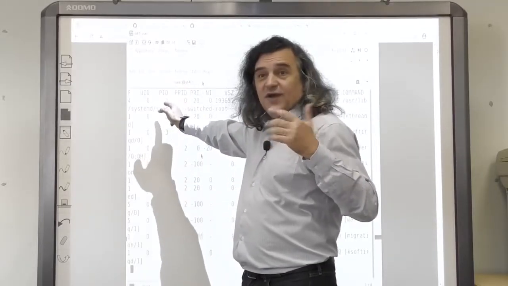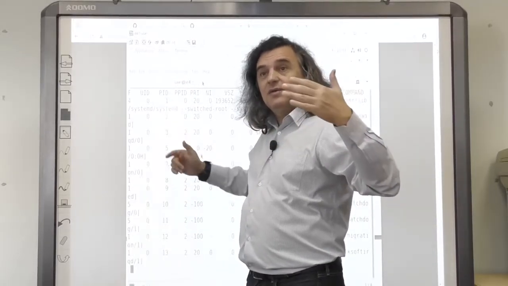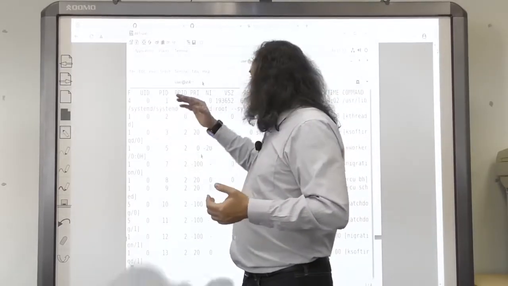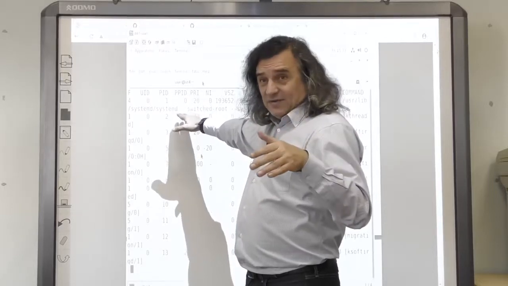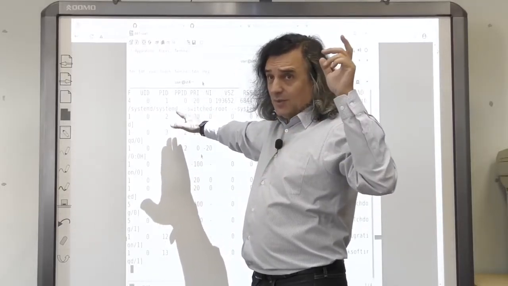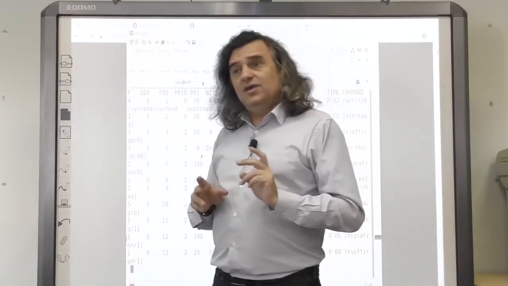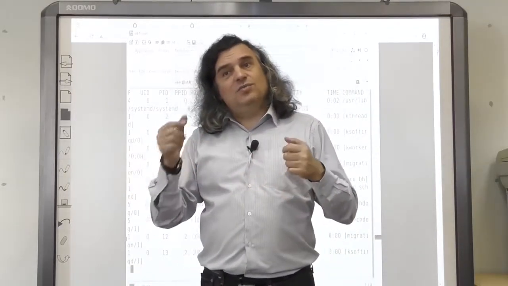Process identifier, a number representing the unique identifier of the process. Parent process identifier. Actually, we have a hierarchical system of processes, and each process has its own parent.